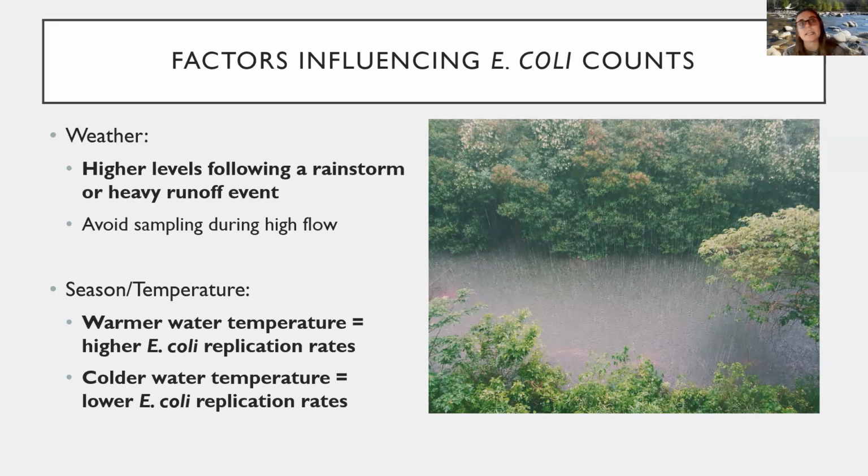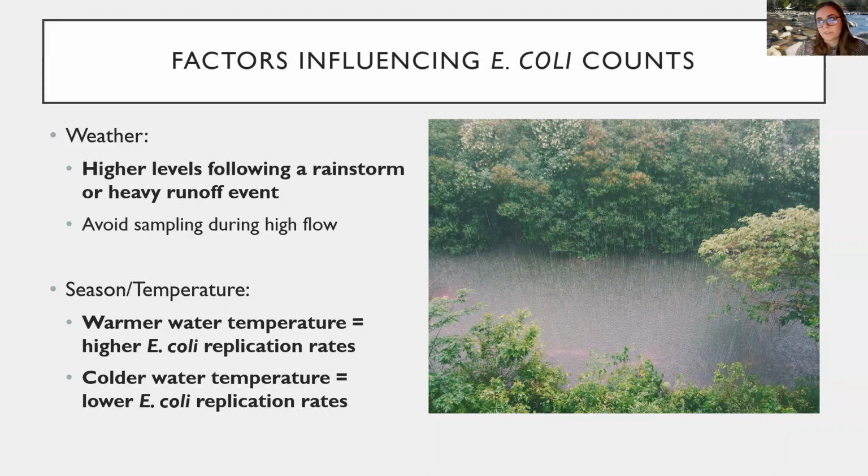So we know how it gets in there in the first place, but these are some things that can contribute to higher numbers. One of them is weather. If we have a big rain event, or maybe it's not even big, you just have a rain event and you're in an urban area with lots of impervious surfaces, we're going to have all of that runoff.